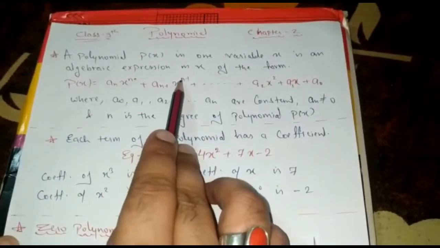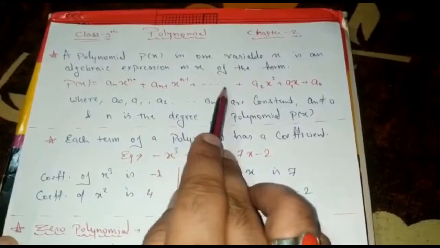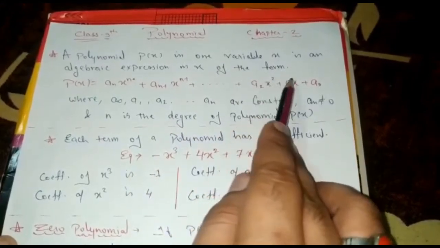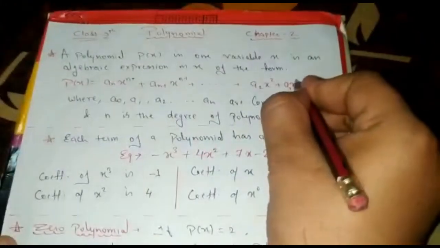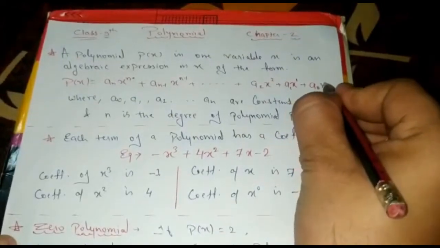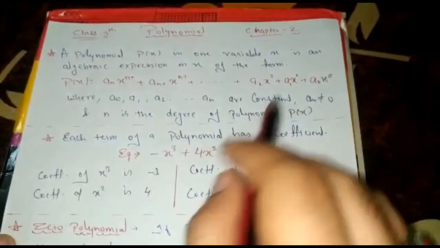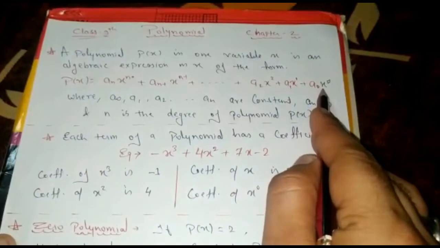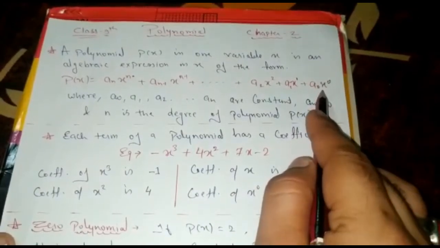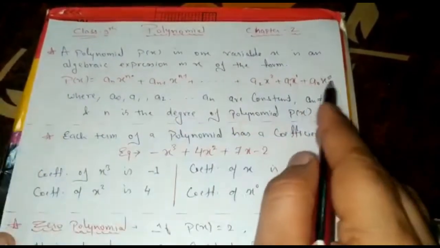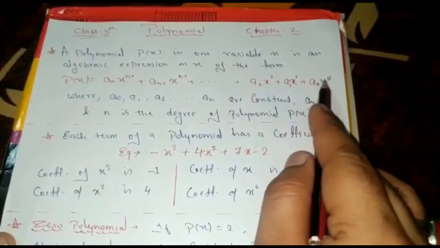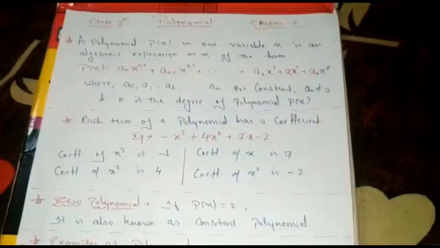Here we have x^(n-1) plus ... a_2 x^2, a_1 x^1 plus a_0 x^0, and power 0 of any variable is equal to 1. That means a_0 into 1 will be equal to a_0.